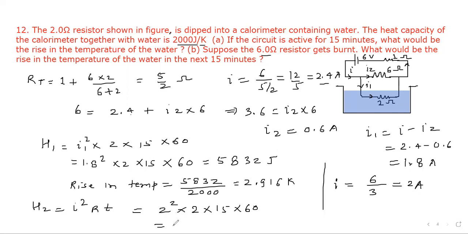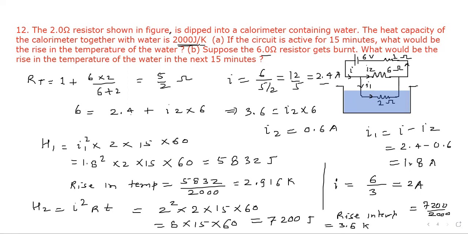So this is 8 into 15 into 60. So that will be equal to 7200 joule. Now the rise in temperature equals 7200 divided by 2000. So this will give 3.6 Kelvin or degree centigrade.